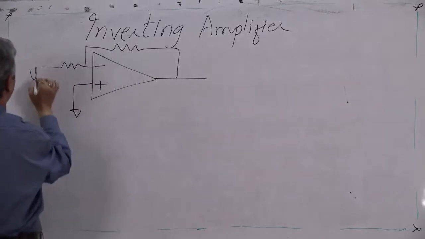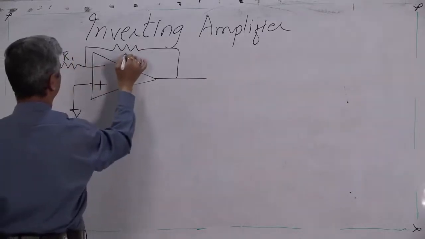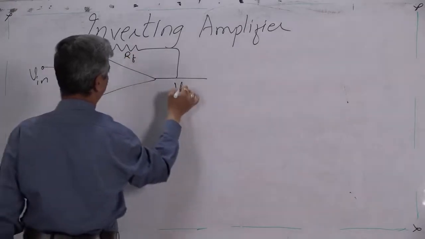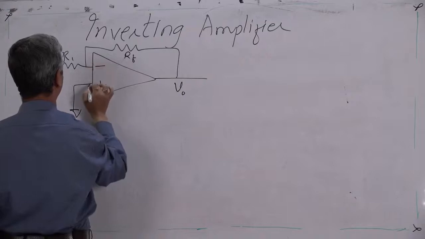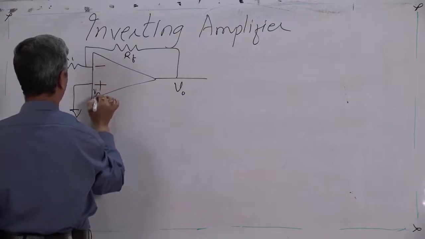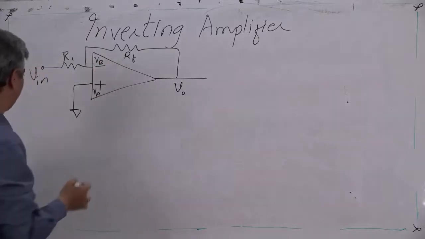So Vin, R1, RF, VO. This is our internal voltage, meaning we give symbols VA and VB. So just a very quick recap.